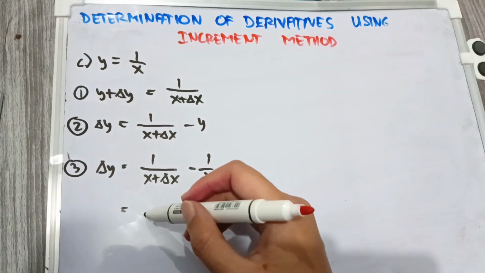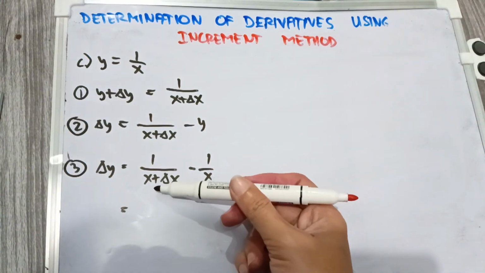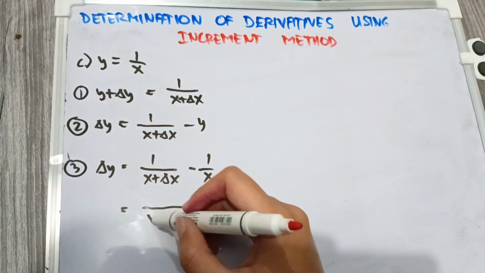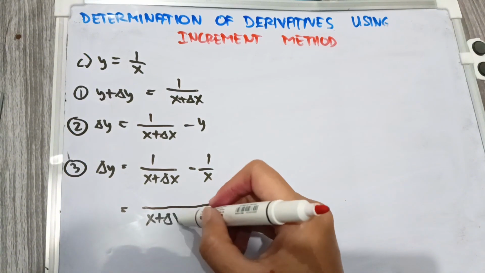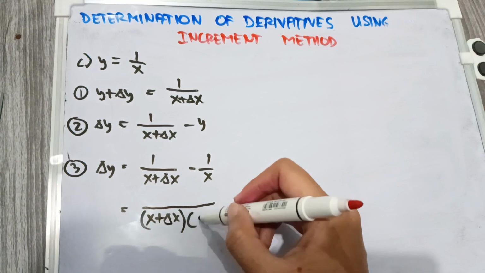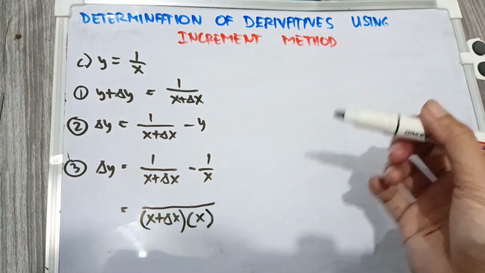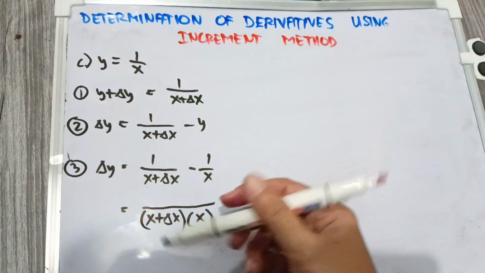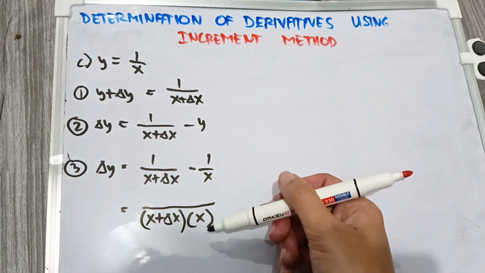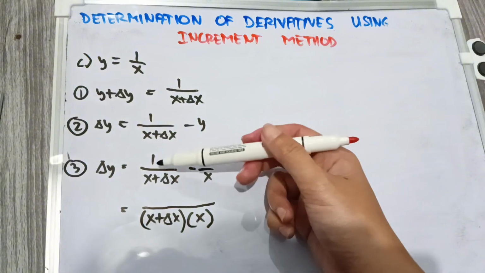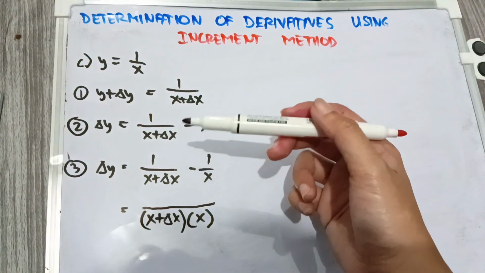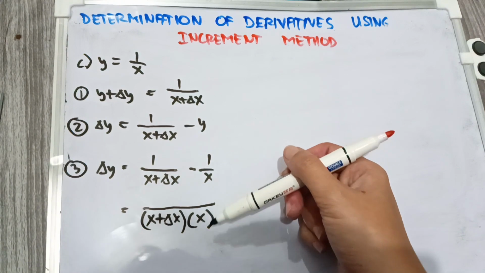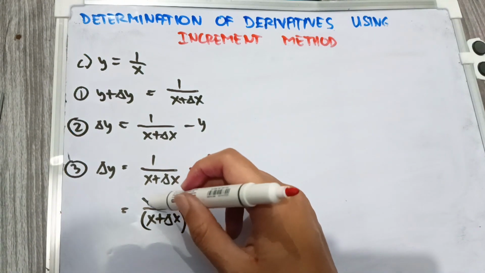In getting its LCD, we just have to multiply this one, and then that will be x plus delta x times x. Let's divide this to this. X plus delta x times x divided by x plus delta x is x. And x times 1 is x.